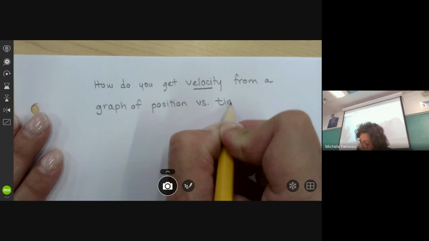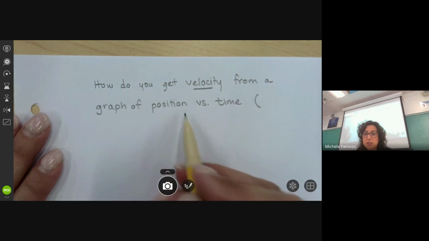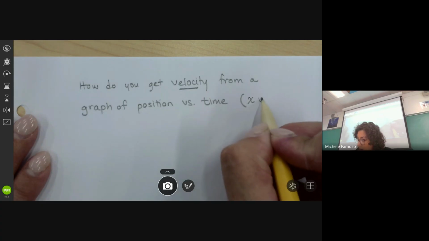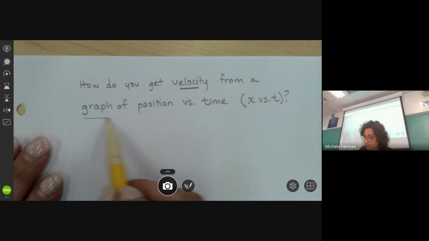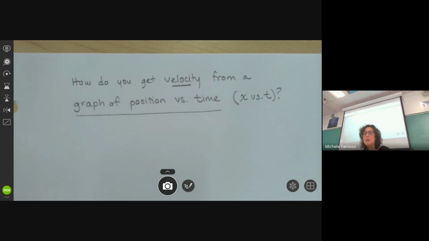Now remember, since we are working with positions on the x-axis, I could just say this was a graph of x versus t. Okay, how are we going to get a velocity from one of these position time graphs? Do you remember from the lab what we said we do? What gives us the velocity when I'm looking at a position time graph?